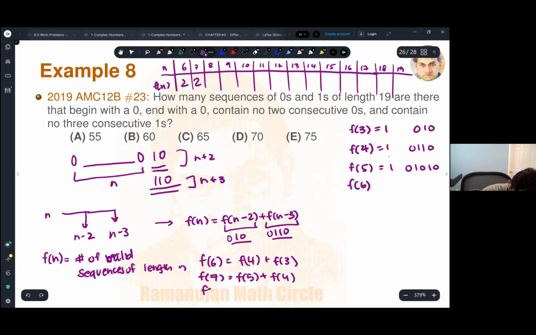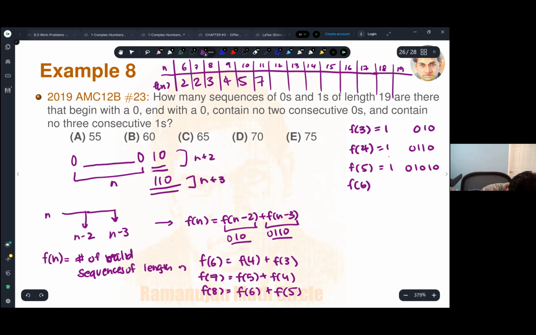F of 8 is equal to f of 6 plus f of 5. F of 6 is 2, f of 5 is 1. If you keep going, what you do is you keep adding these numbers up. So I'm going to just do that live.